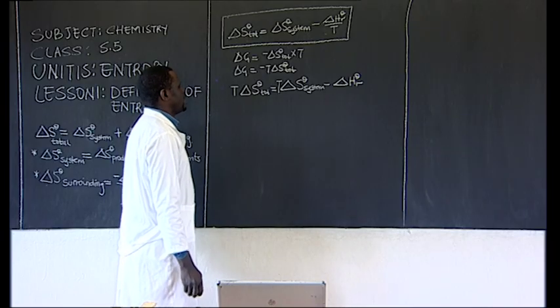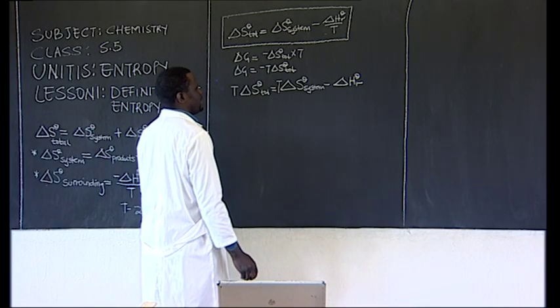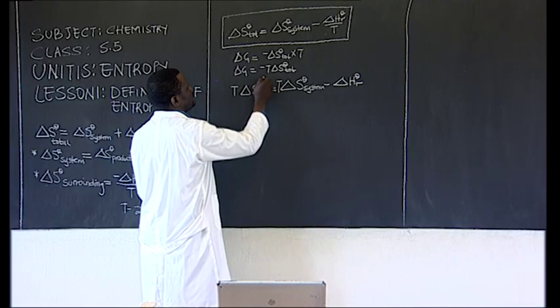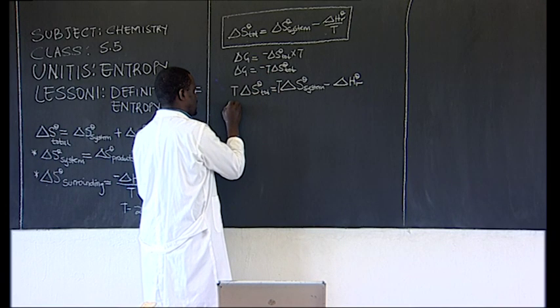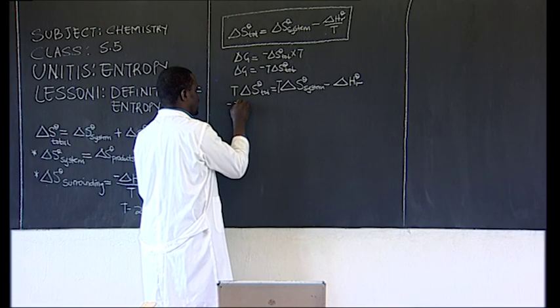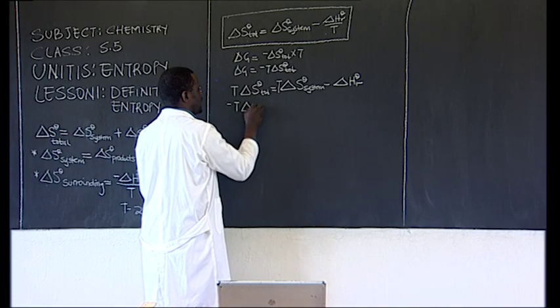This entropy here is the relationship between this and this. The difference is the negative, so we can decide to multiply it through by a negative.